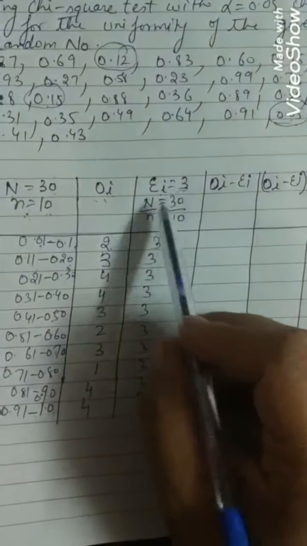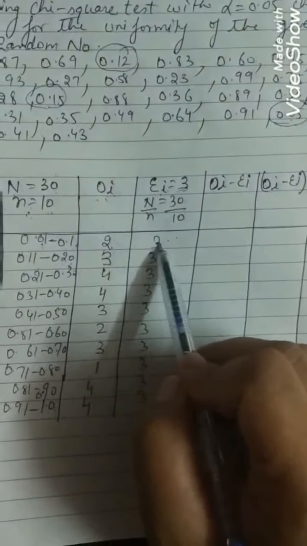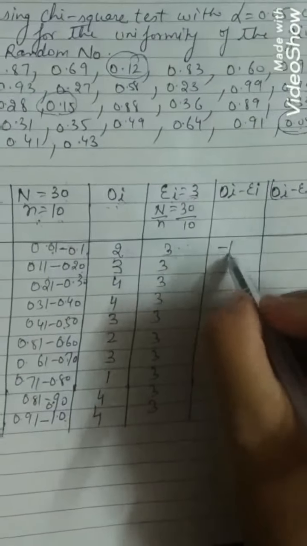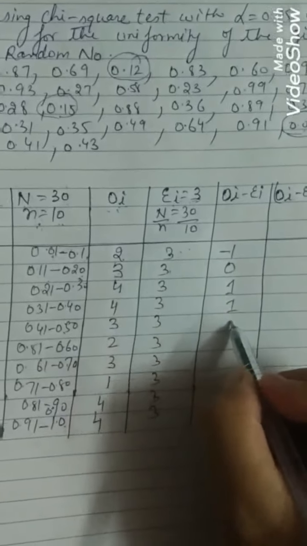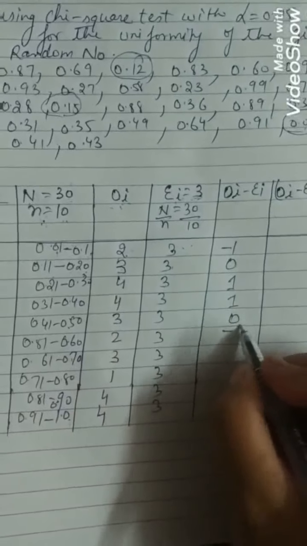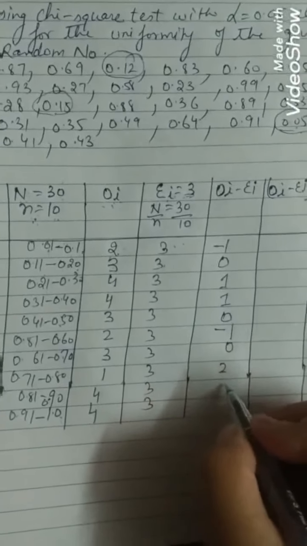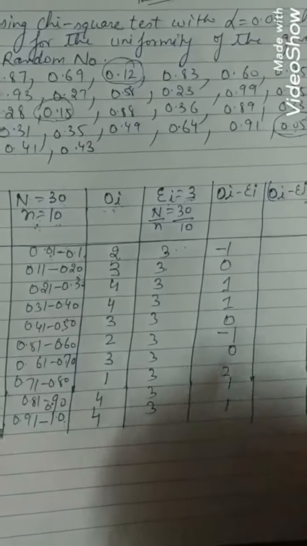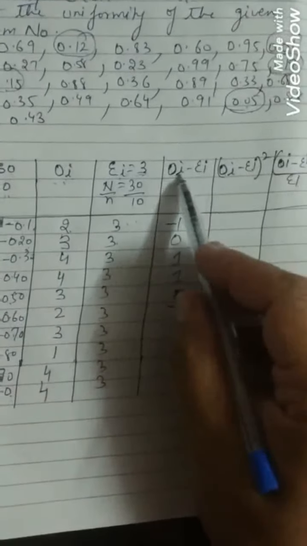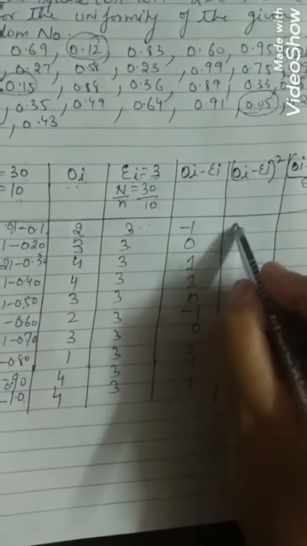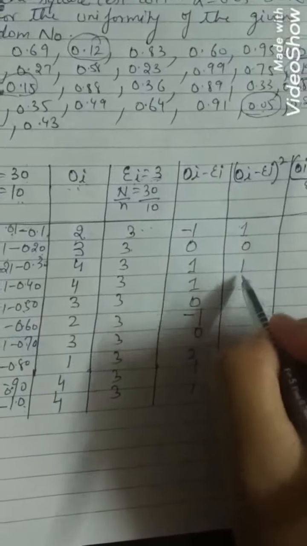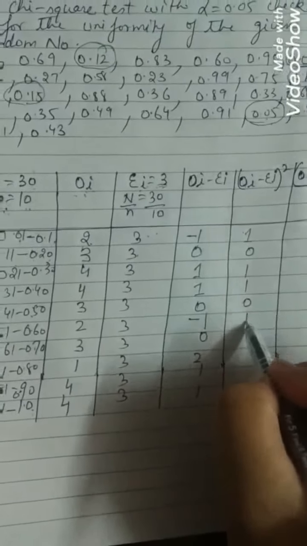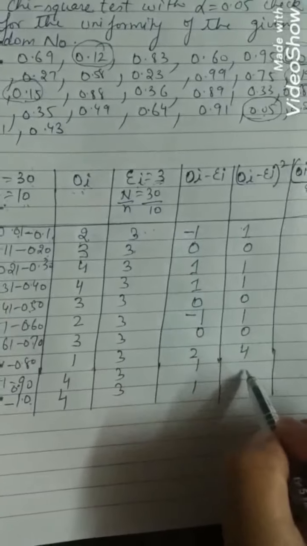Now we calculate Oi minus Ei: 2 minus 3 is minus 1, 3 minus 3 is 0, 4 minus 3 is 1, then 0, minus 1, 0, 2, 1, and 1. Next is (Oi minus Ei) squared: minus 1 squared is 1, then 0, 1, 1, 0, 1, 0, 4, 1, 1.